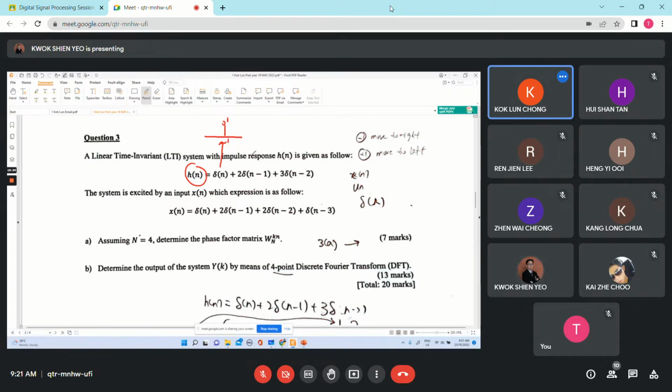This one is n minus 1, so 0 and 1, so there is a 2 here. This one is 0, 1, 2, so there is a value of 3. So you add these 3 elements together, so HN is 1, 2, and 3. Negative moves to the right. Yes, it's correct. Positive moves to the left is correct.